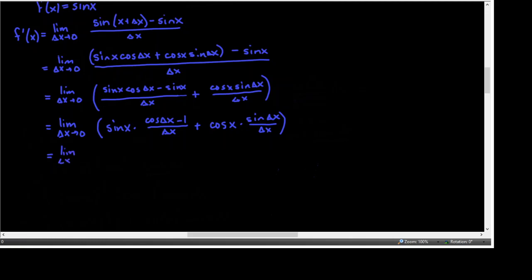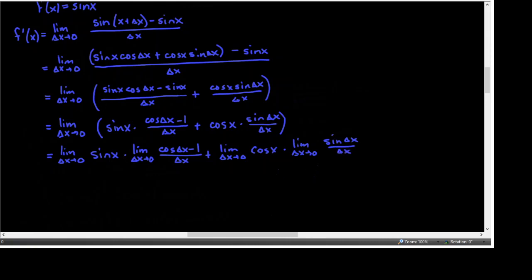If I use both of those rules together, this will be the limit of the first thing times the limit of the second thing, plus, and we start over, the limit of the first part of that product, limit of cosine x, multiplied by the limit of the second part of that product, sine of delta x over delta x.